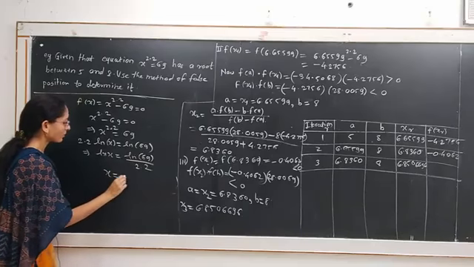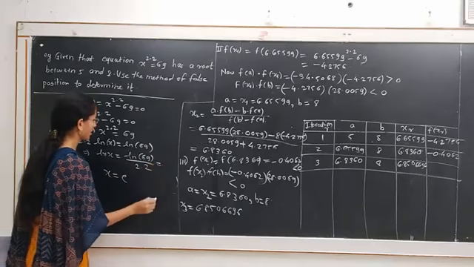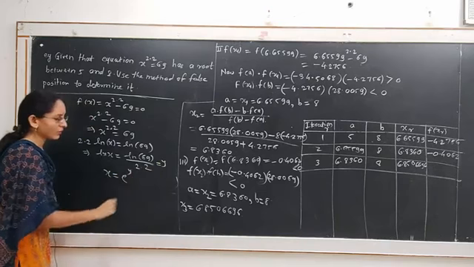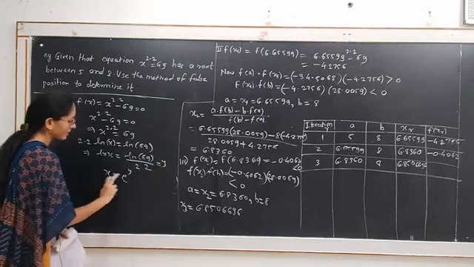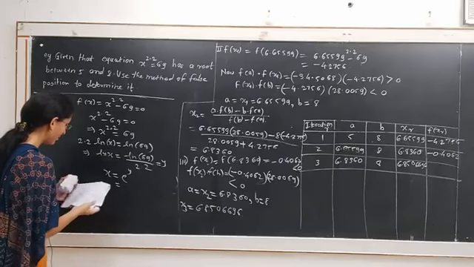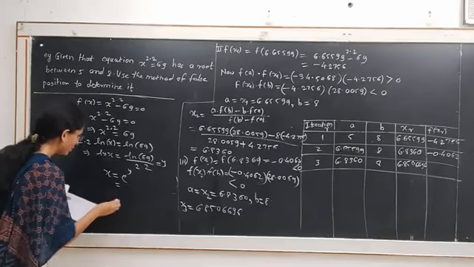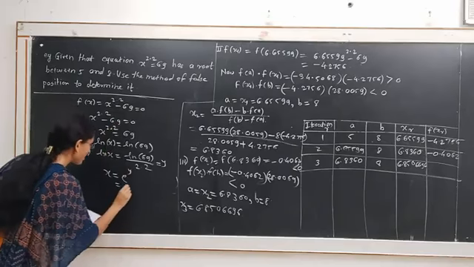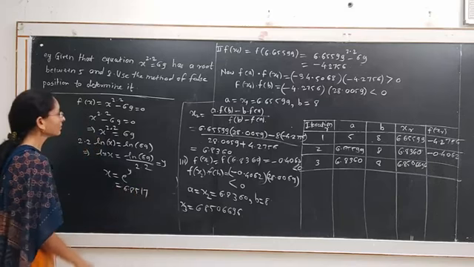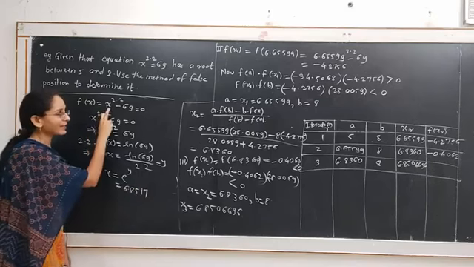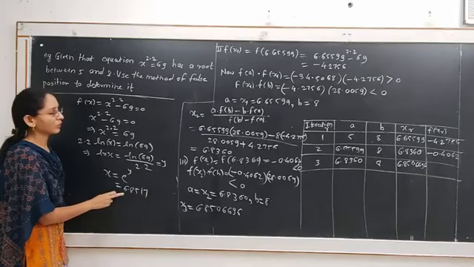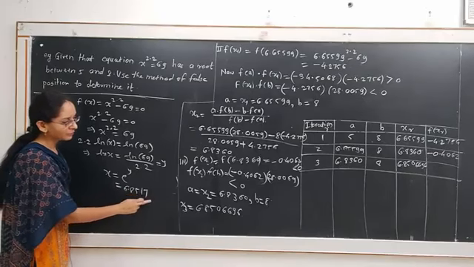Suppose this value is y, and x value is obtained by taking the exponential of y. If we solve this equation, then we will get the root of the equation as 6.8517. If we directly solve this equation, then we will get the correct root of the equation as 6.8517.